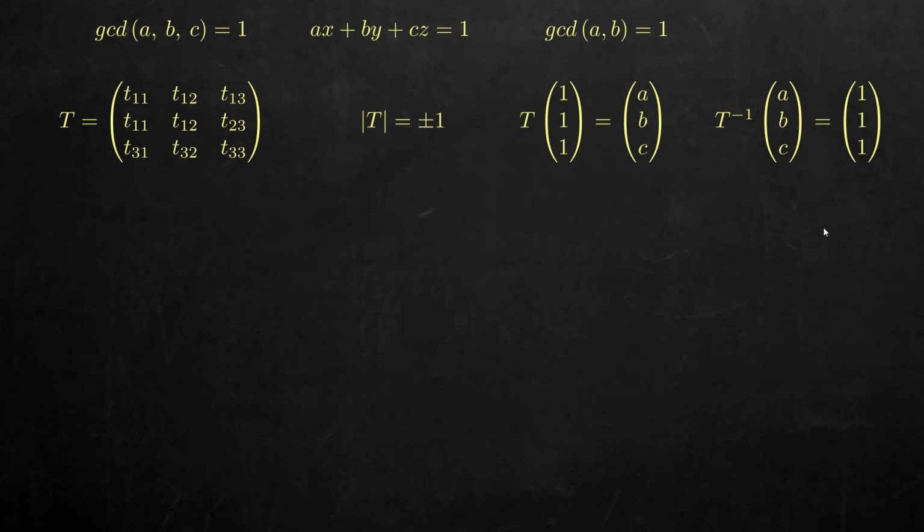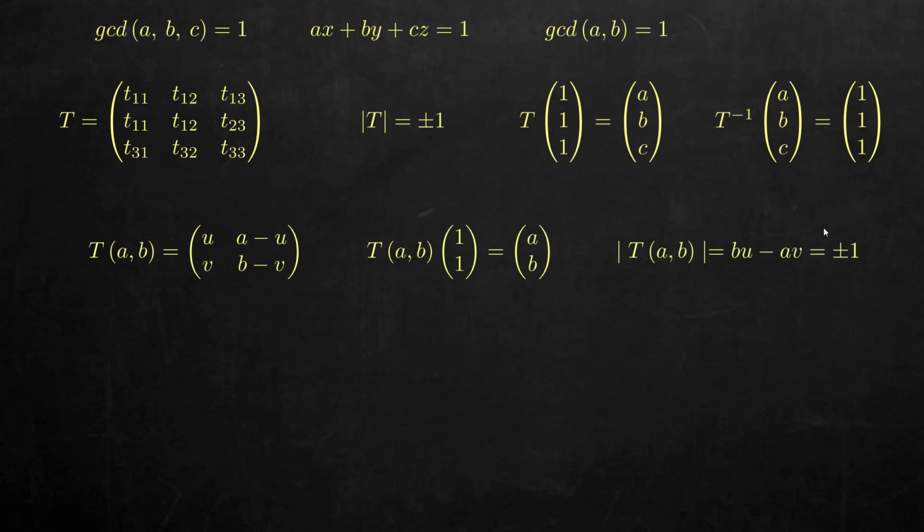To build this matrix, we start by building the unimodular matrix T of A and B that maps 1, 1 to A, B using the Euclidean algorithm. And the determinant will be plus or minus 1 by definition.